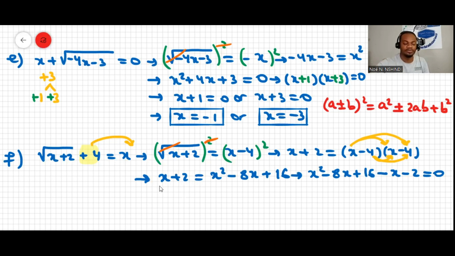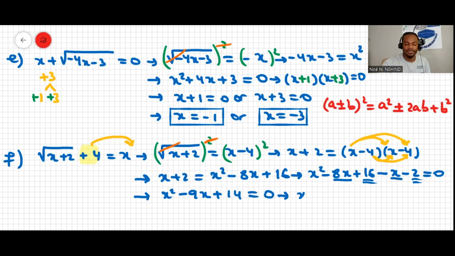So this positive x becomes negative x here, positive 2 becomes negative 2 there, and then this will make x squared, not minus 8x but minus 9x, because we have negative 8x and negative x there, and then positive 16 and negative 2 makes positive 14 equal to 0.